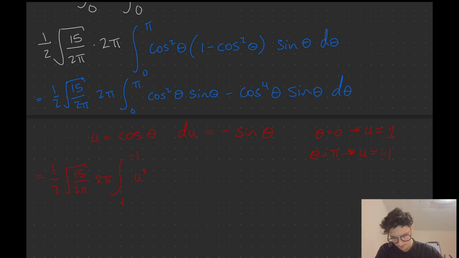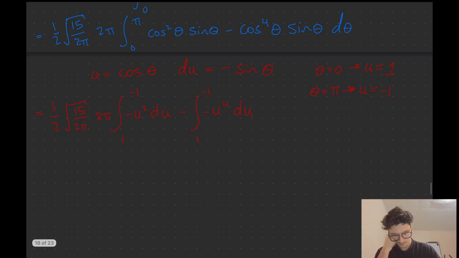Here we have u squared, minus u squared du, and then minus 1, 1. And then here we have u to the 4th minus du. Alright, so what we have now, 1 over 2 square root 15 over 2 pi.